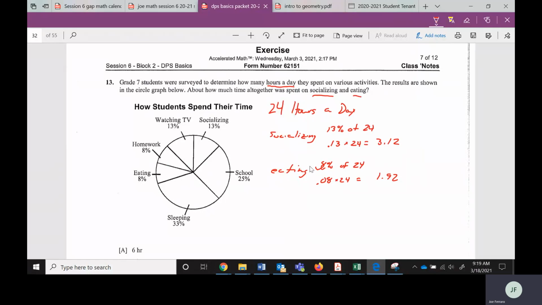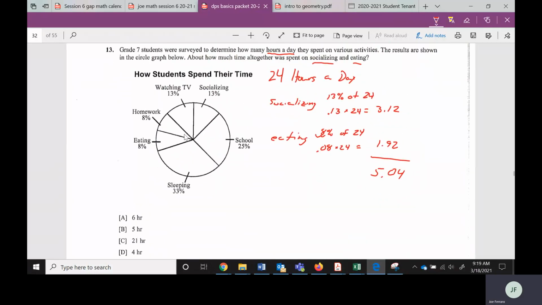So some of the other problems in here will be a step easier than this. So now we just add these 2 together and we get 5.04. And the question says about. So the closest one is 5. Okay, and I think we have one more circle graph problem we're going to look at.